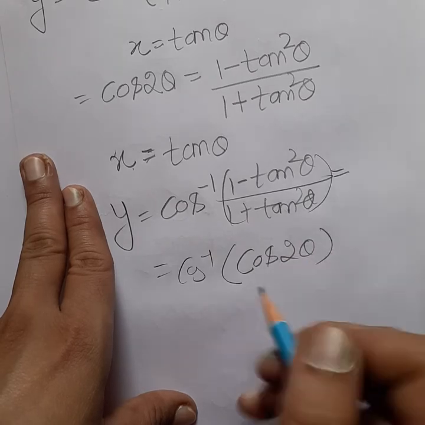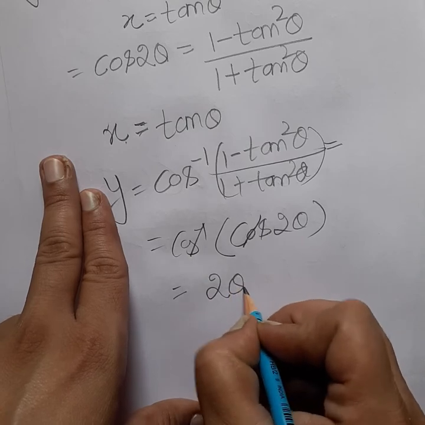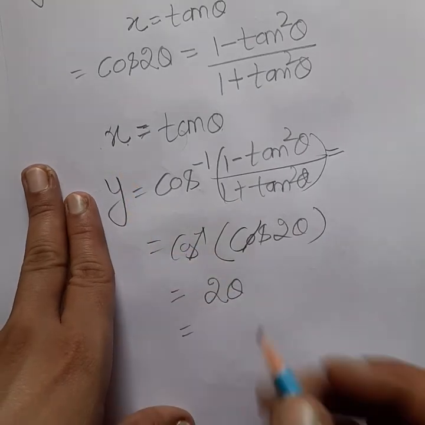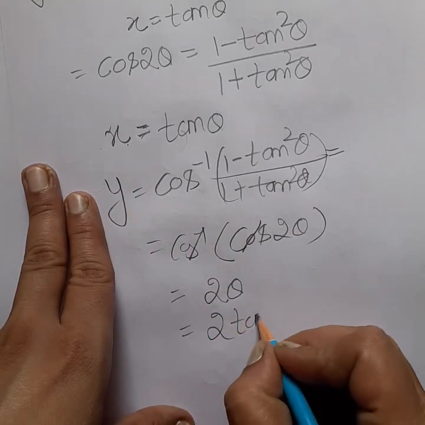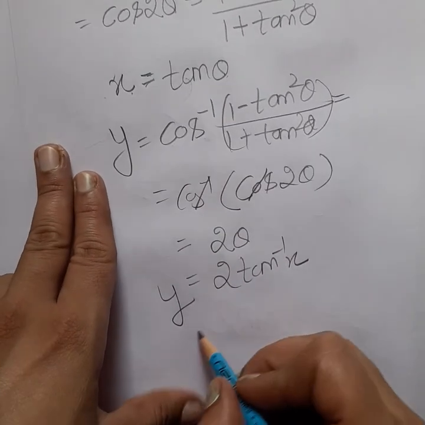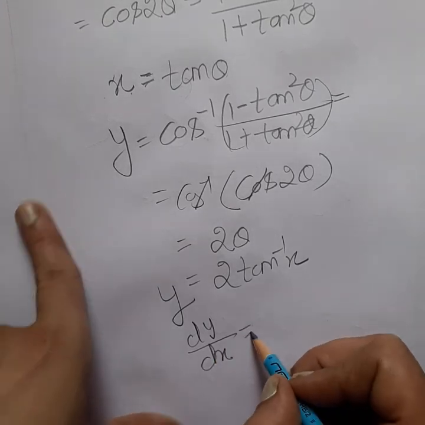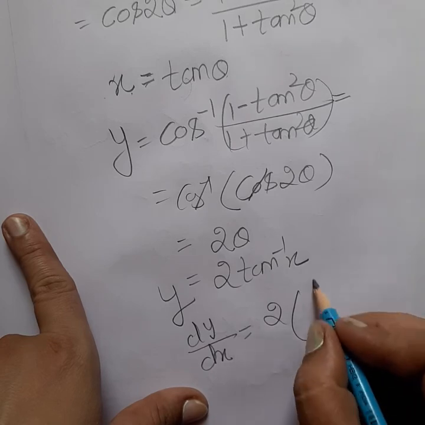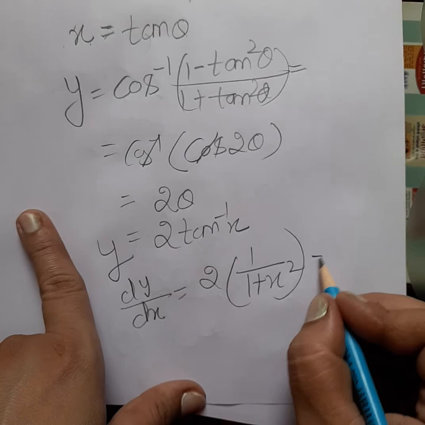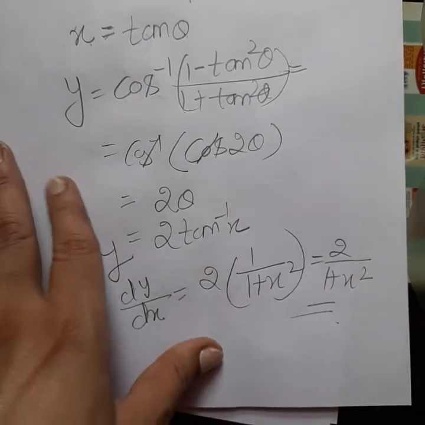Now we cancel these two trigonometrical functions and you get 2 theta only, and you put the value of theta, that is tan inverse x. When we take the derivative dy upon dx, the derivative of tan inverse x is equal to 1 over 1 plus x square. So we get our final answer 1 over 1 plus x square.